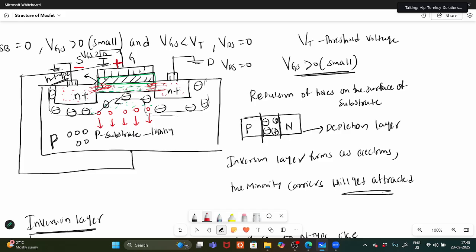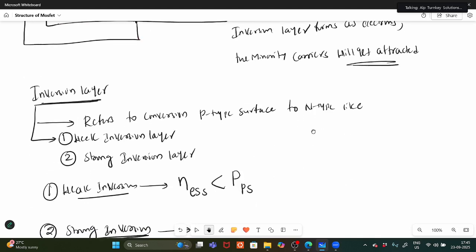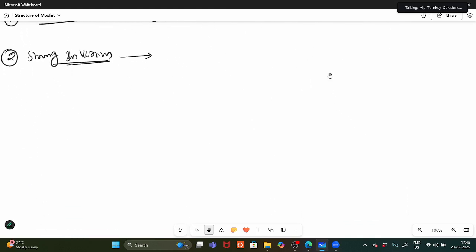So at one condition, the concentration of electrons in the surface of the substrate becomes equal to the concentration of holes in the p-type substrate. Then we call it a strong inversion layer, or a channel region. That is nothing but the channel region. This is very important: what is weak inversion layer, what is strong inversion layer or channel region, they will ask.